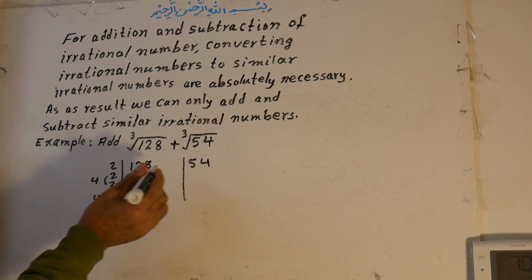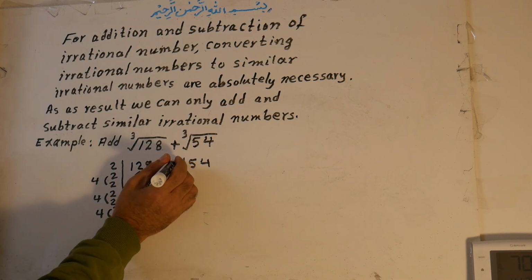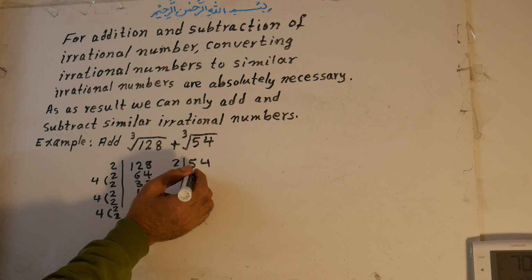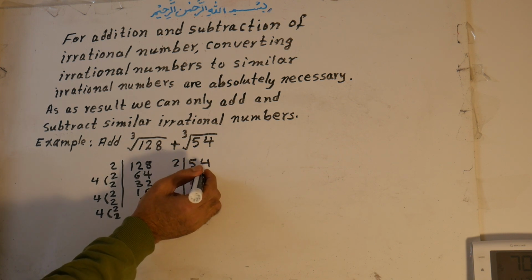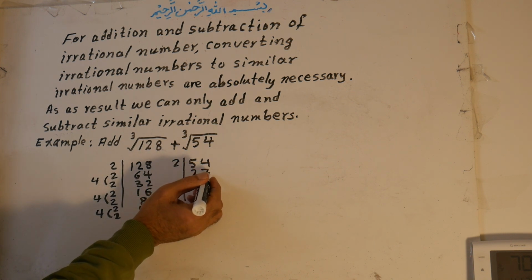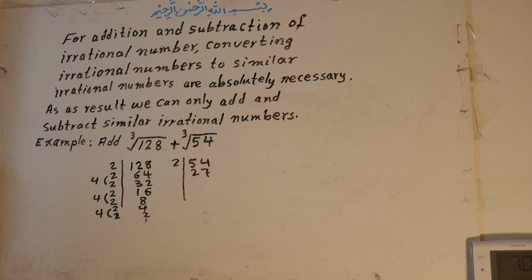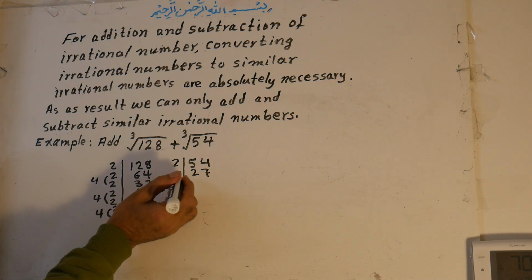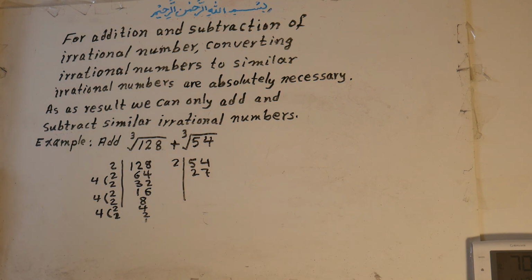Now we factor this one, 2 times 4, 7 times 2 is 24. Now there is not more divisible by 2.